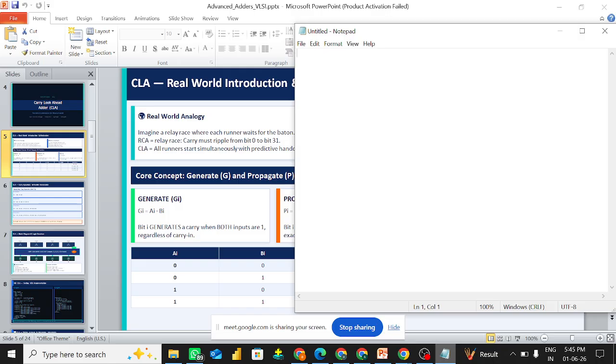Suppose we have this input. This is input A, which has 4 bits, and you have input B. Sorry, it will cause confusion, so I will just keep this as, yeah, now you have input A and input B as 4 bits.